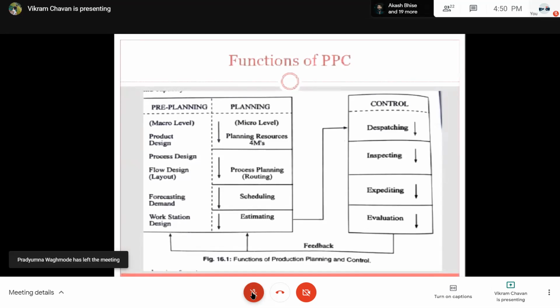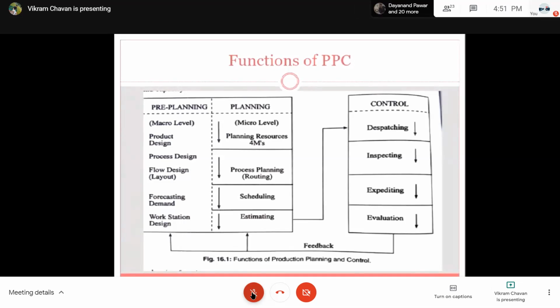So availability of raw material is a requirement to start the production. Then if you are procuring some of the parts from other industries, then such components should be available at the required time in the required quantity.